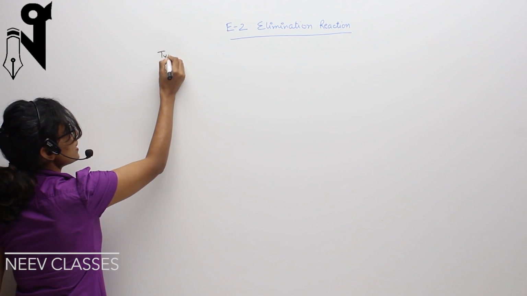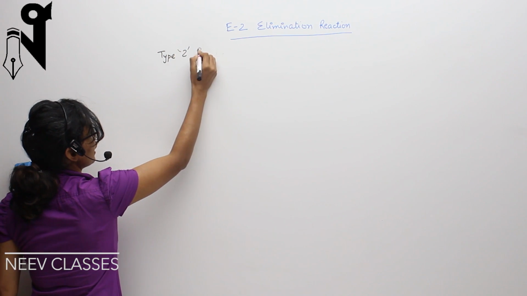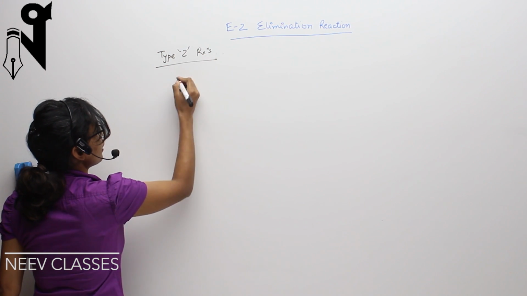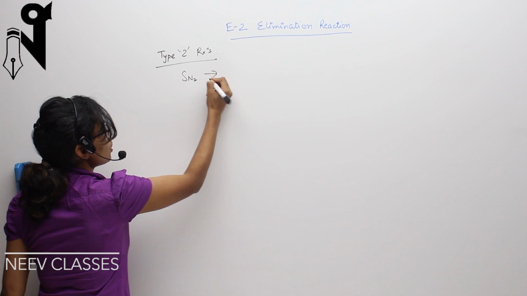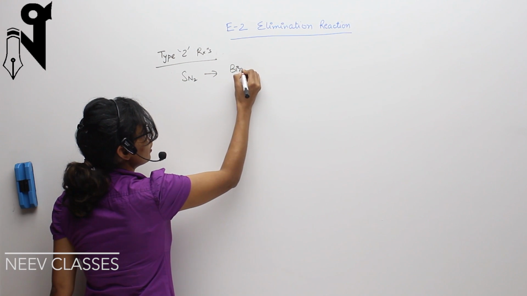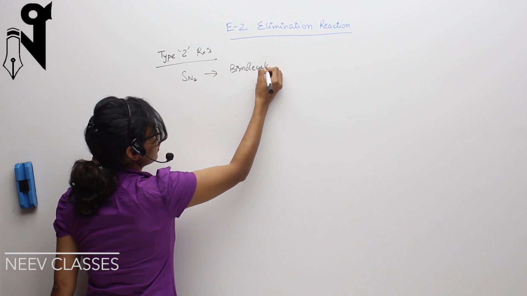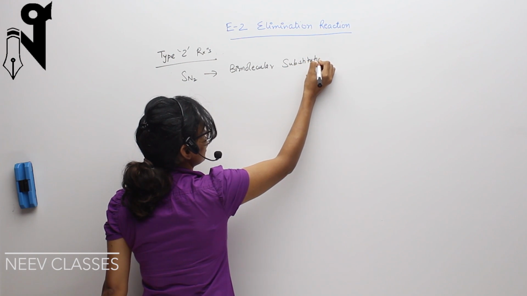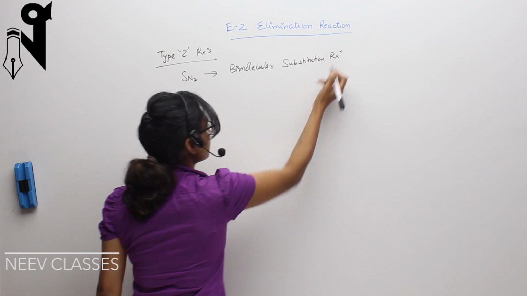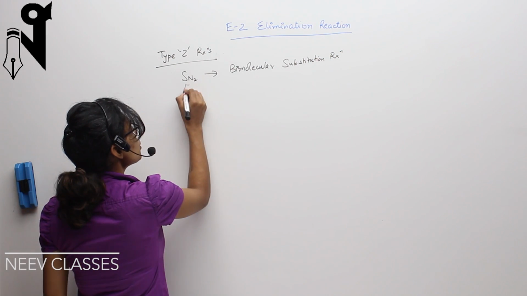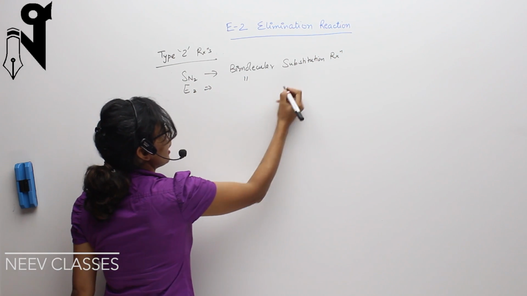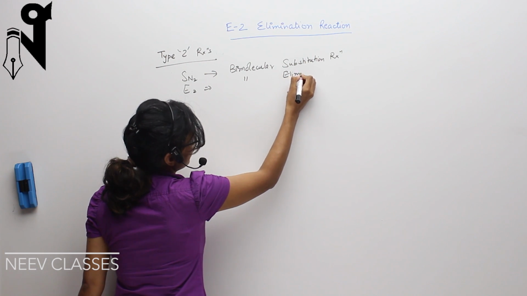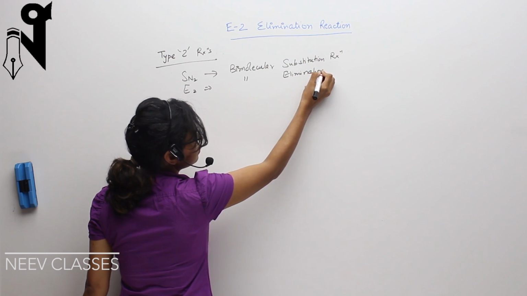Now let's do the second part, that is type 2 reactions, where we have already done Sn2, which is called bimolecular substitution reaction. In fact, E2 is also called bimolecular elimination reaction.